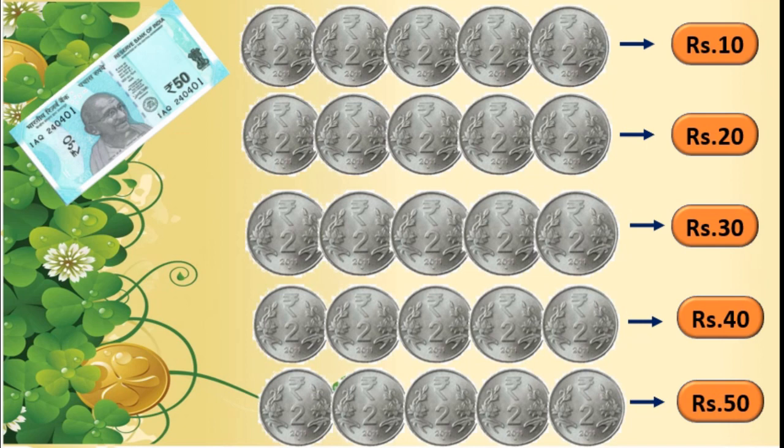Means how many 2 rupee coins did I get? Yes, we will count. This is 5 plus 5, that is 10, plus 5, 15, plus 5, 20, plus 5, 25. Means total 25 coins of 2 rupees each is exchanged for a rupees 50 note, isn't it? Good.